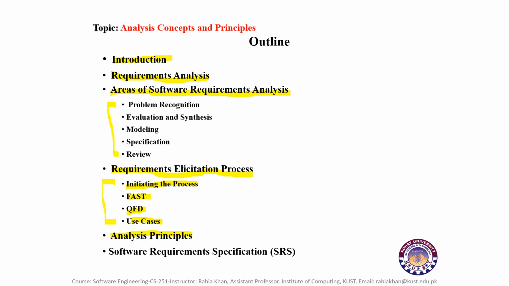The first one states that the information domain of the problem needs to be properly represented and understood. Understanding is one thing, and then representation in some sort of model is another thing. So 2 points need to be covered, as stated by the first principle.